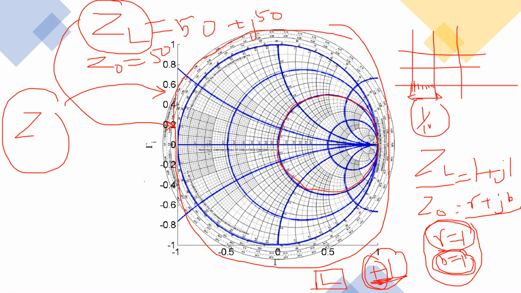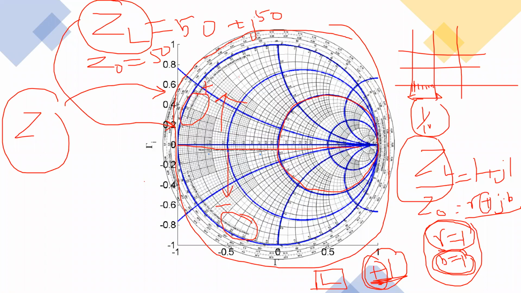If it is an inductive component and you're using the impedance parameters, this part gives you the inductive reactance part, and this part gives you the capacitive reactance part. This will be utilized when the value is plus, and this when the value is minus.